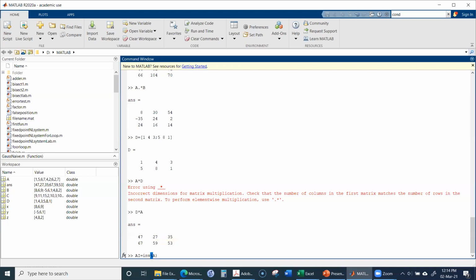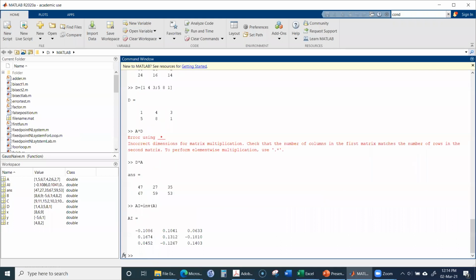So inv(A) means that we want to take the inverse of this matrix A. We can readily get this answer. So this will be the inverse. But how can we confirm that this is the inverse of this matrix?